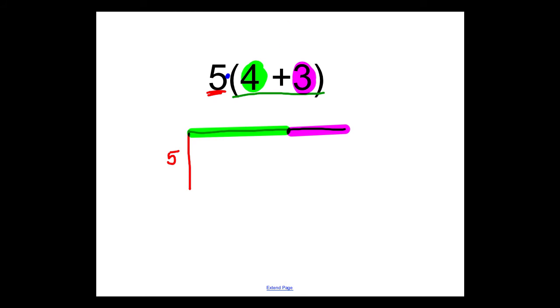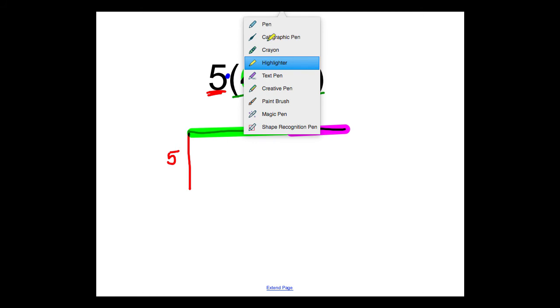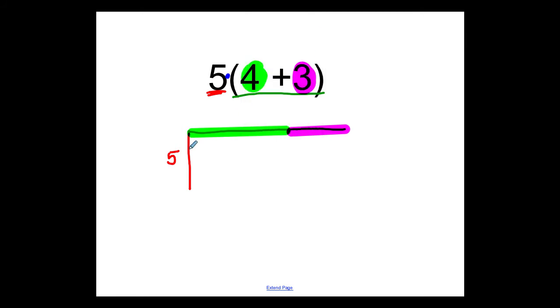And then with a rectangle, we are going to have opposite sides be the exact same length. So if this vertical length is 5 units long, this vertical length is going to be 5 units long. And if this horizontal length is 4 plus 3 units long, this horizontal length is going to be 4 plus 3 units long as well.